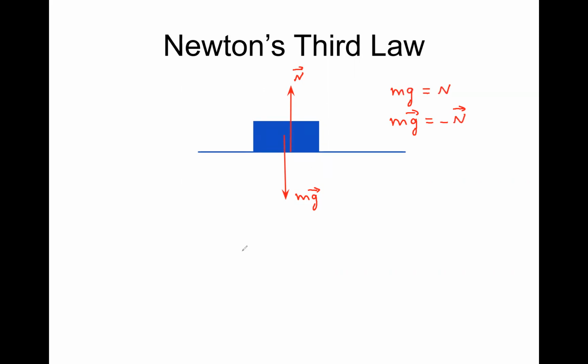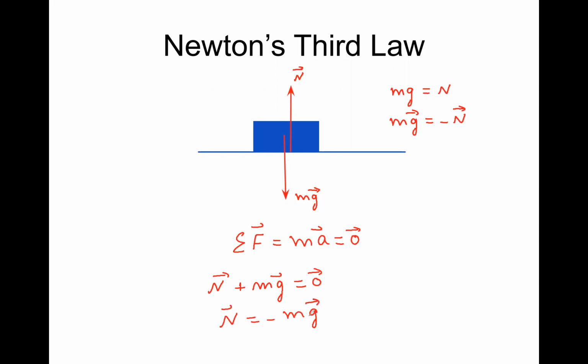So the acceleration equals 0, and you know that F equals ma equals 0. In this case, we have n and mg, so n plus mg equals 0, so n equals minus mg.